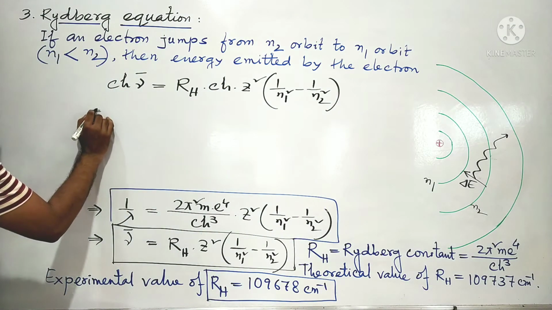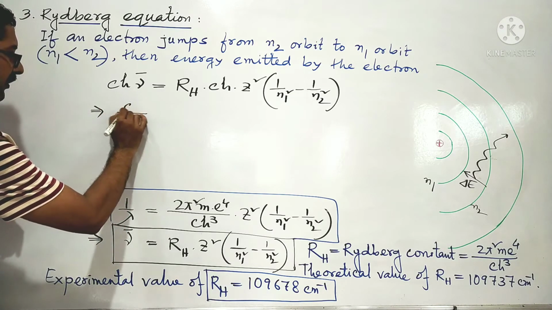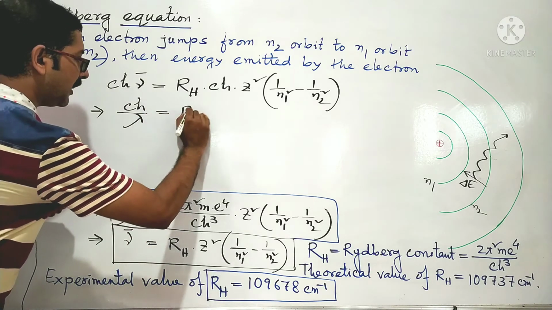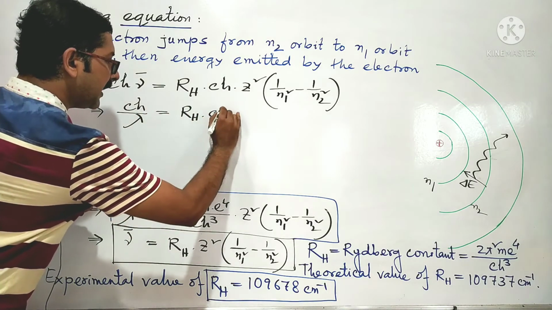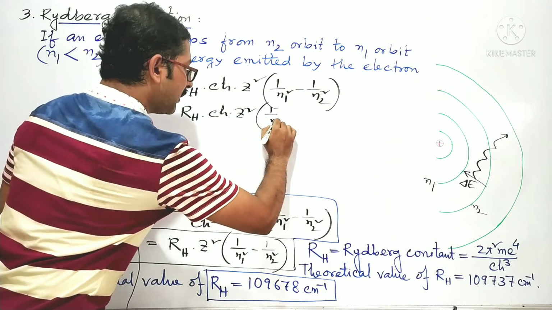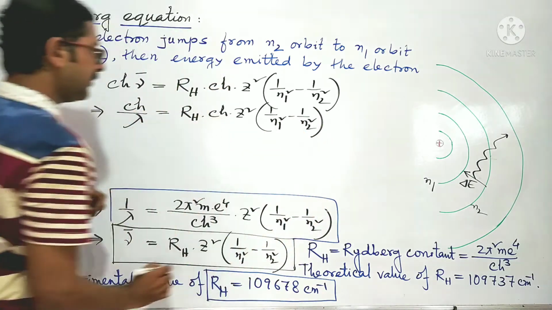So this nu bar equals 1 by lambda, so this is nothing but CH by lambda. This one is RH into CH into Z square into 1 by N1 square minus 1 by N2 square, right?